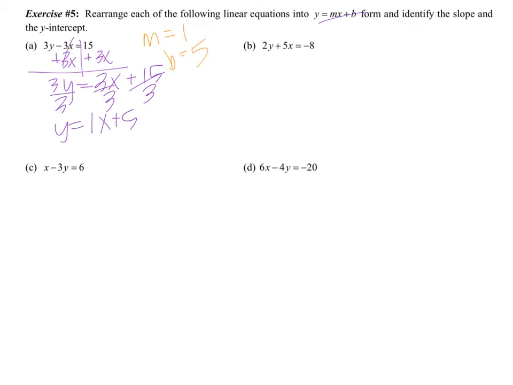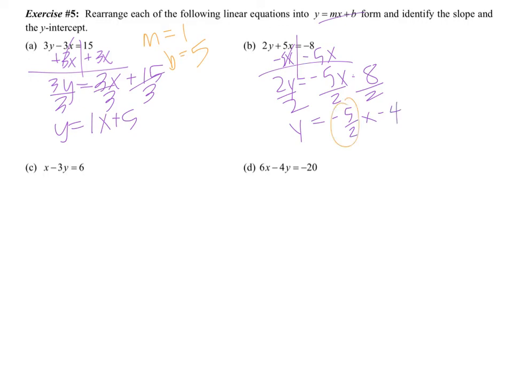Letter B. We're going to subtract 5x from each side. So now we have 2y equals negative 5x minus 8. Then we divide by 2. So y equals negative 5 over 2x minus 4. Please notice that I kept this as an improper fraction.